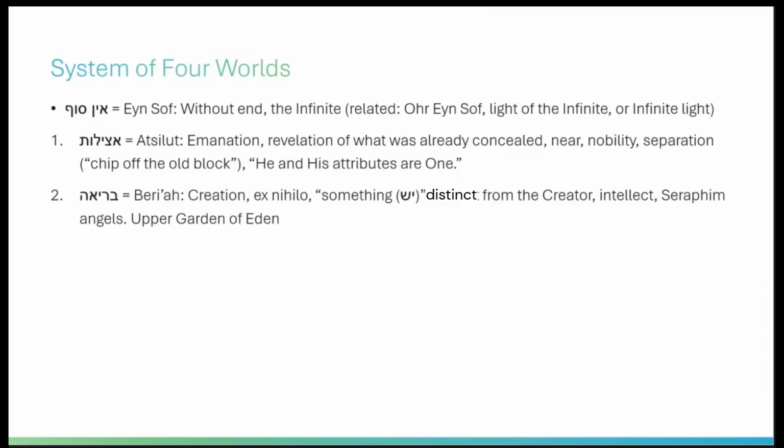So, which means that this is the first level at which there's something that we can call yesh, something that is. In other words, something that's distinct from the creator. Whatever was before is all creator. It's not its own entity. It's not something that exists on its own. It is He and His attributes are one. The world of Atzilut is united with God in a way that it does not have an independent identity.